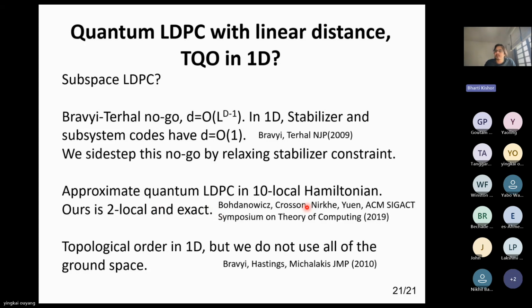People have generalized it for more general cases, like subsystem codes, and I don't know, dynamical codes and so on. So do you think that using more sophisticated Knill-Laflamme conditions, one can further refine your framework? What do you think?